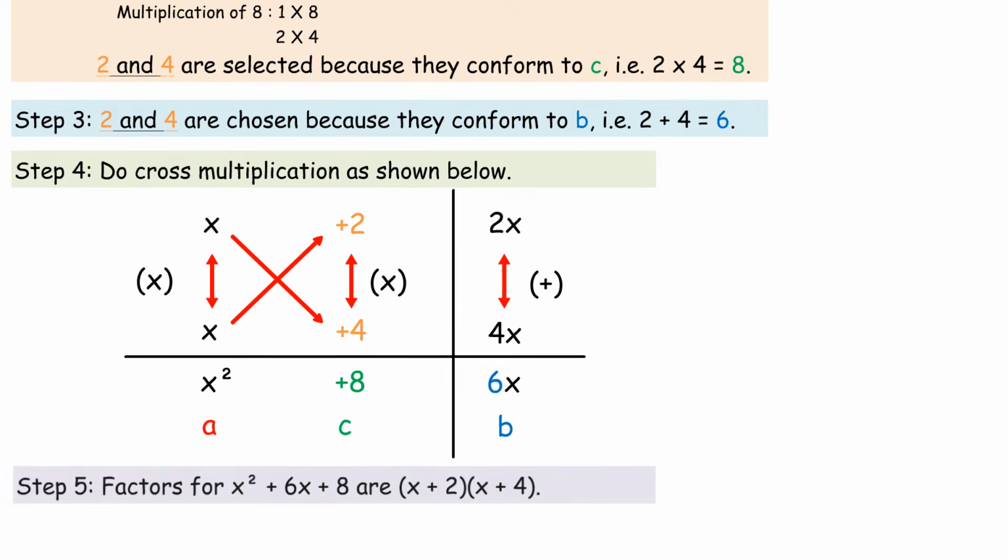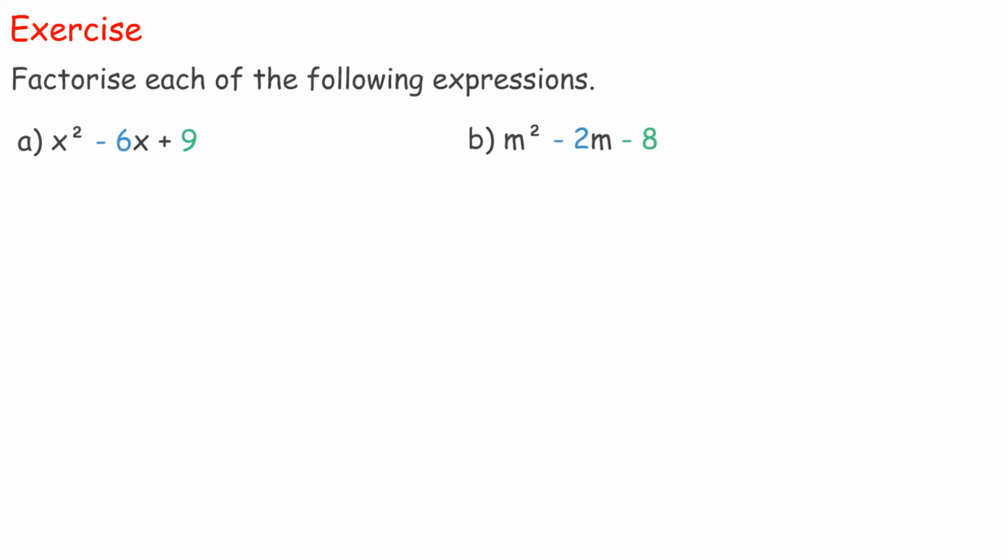Step 5, factors for x squared plus 6x plus 8 are x plus 2 and x plus 4. Exercise. Factorize each of the following expressions. The answer is as follows.